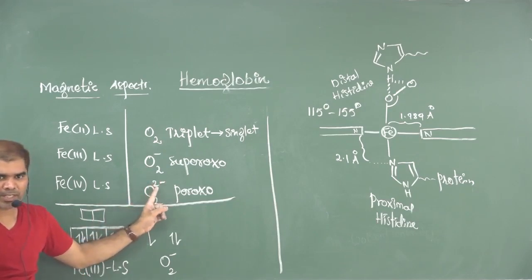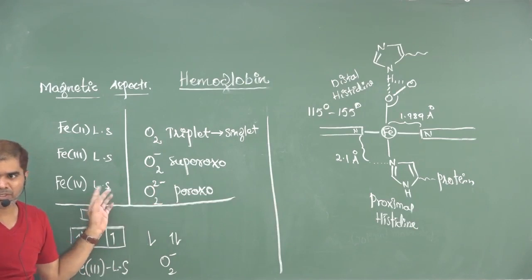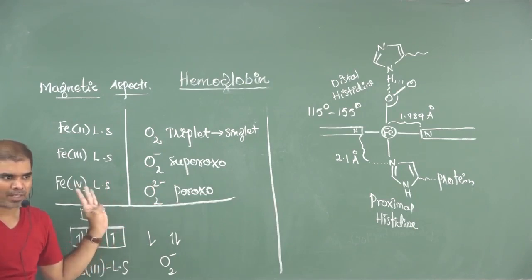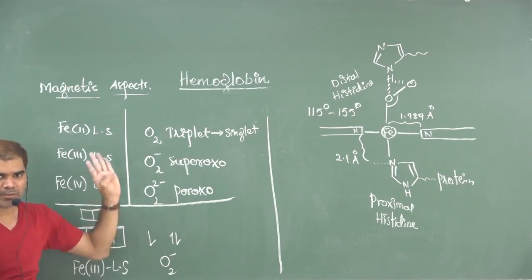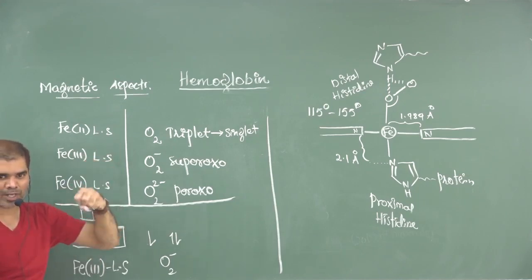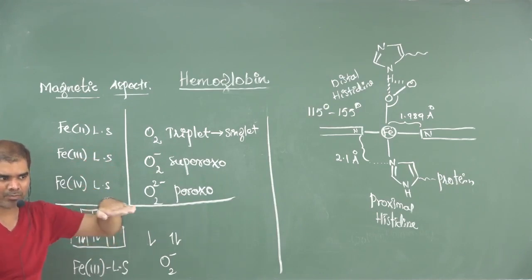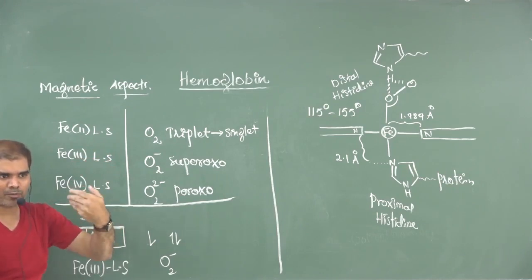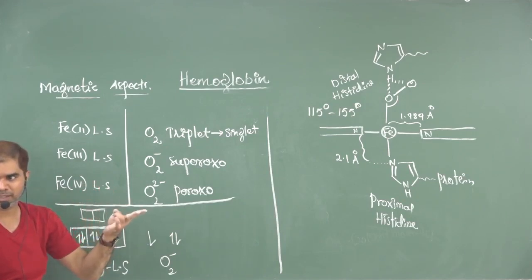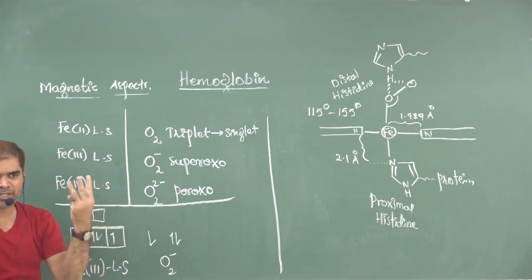So again no unpaired electron, therefore it is diamagnetic. That is the third proposal. But iron from +2 entering into +4 requires a greater energy. It requires a lot of activation energy which is not available at hemoglobin level. Therefore the iron 4 proposal is also neglected. Iron 2 proposal is also neglected. Finally we are going with iron 3.